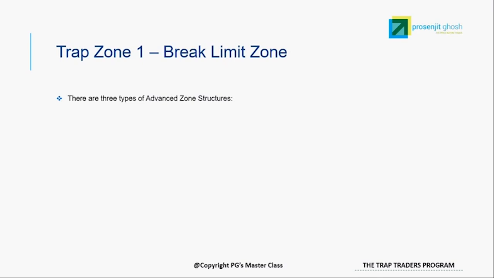So there are 3 types of advanced zone structures. Before we dive into break limit zones and learn them fully, we need to understand these two price structures, drop base drop and rally base rally, which can be further divided into 3 more advanced structures.